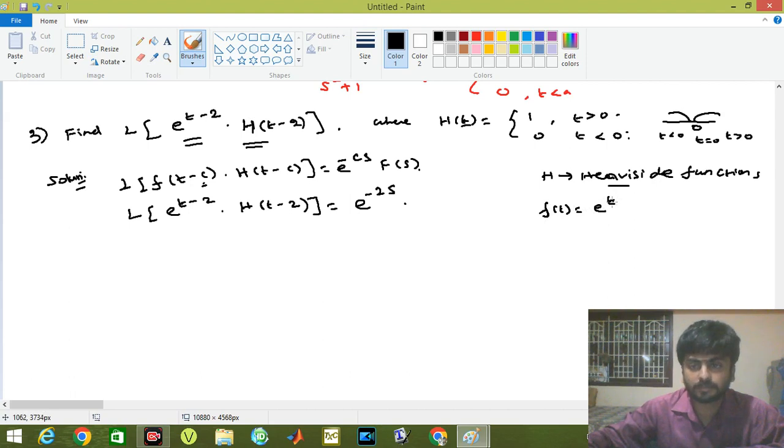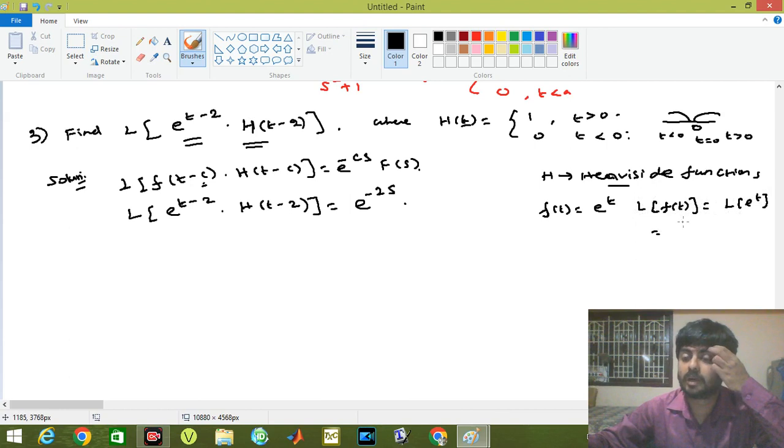e power t. This is f of t minus c, or f of t is e power t. So L of f of t is L of e power t. L of e power a t is 1 by s minus a, so we will have 1 by s minus 1.